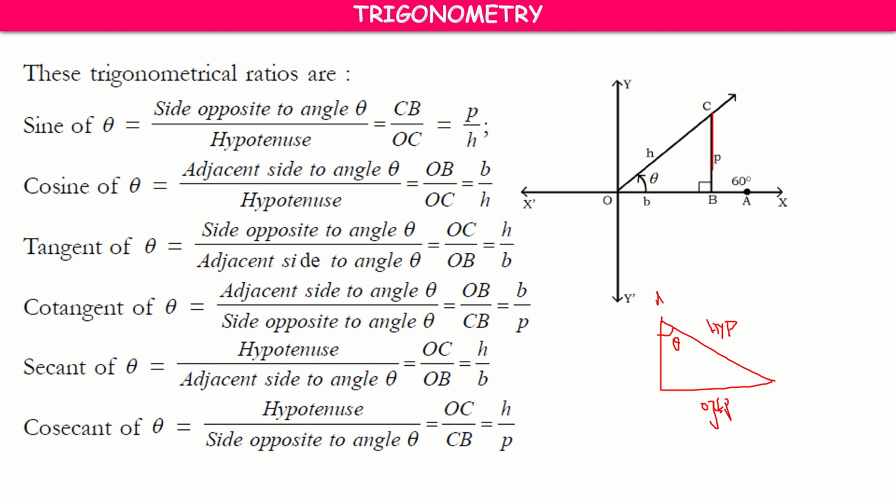Suppose this is A, this is B and this is C, right? If theta is here, this will become opposite and this will become adjacent.